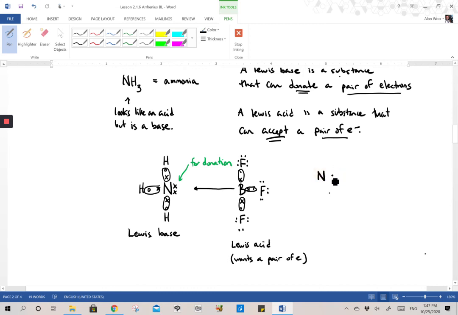Nitrogen and boron must therefore form a coordinate covalent bond between them.